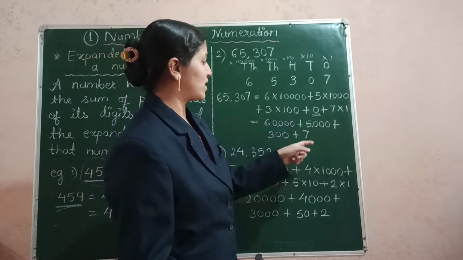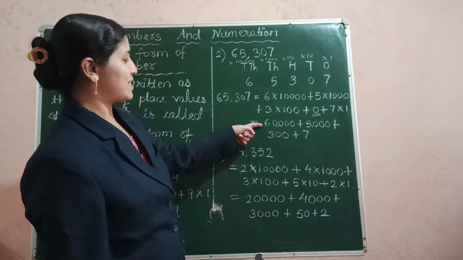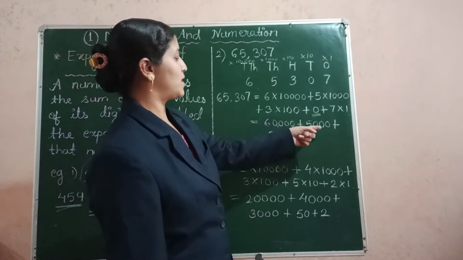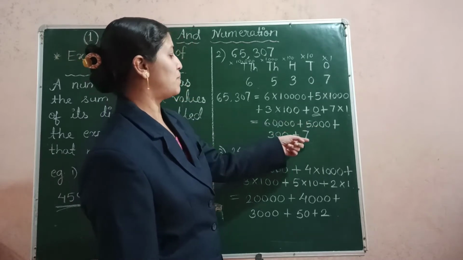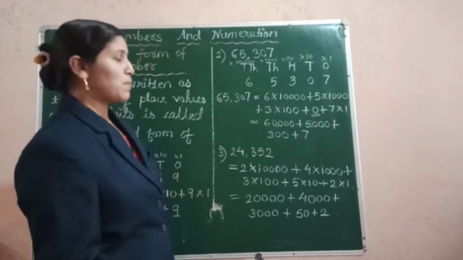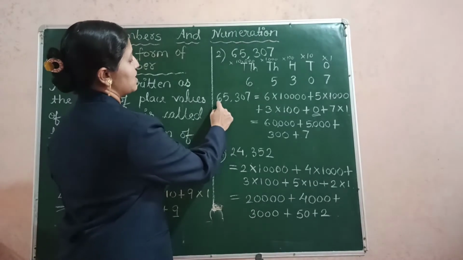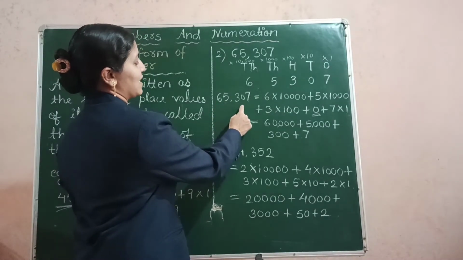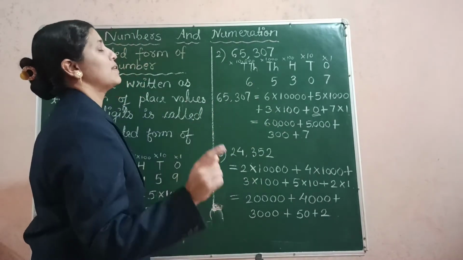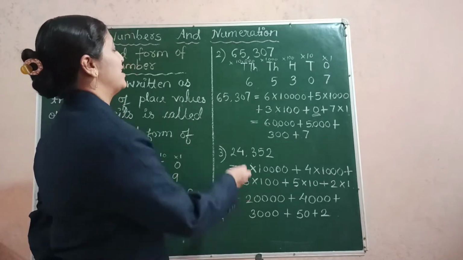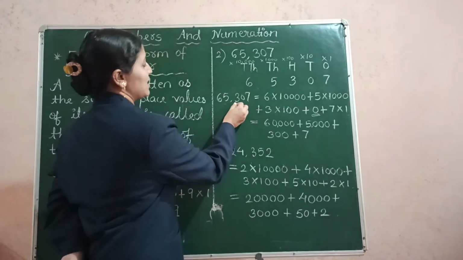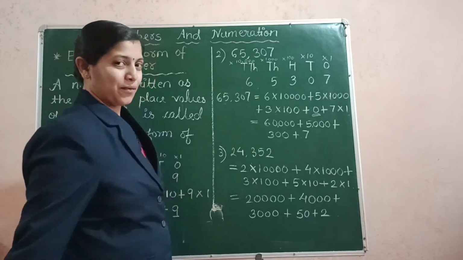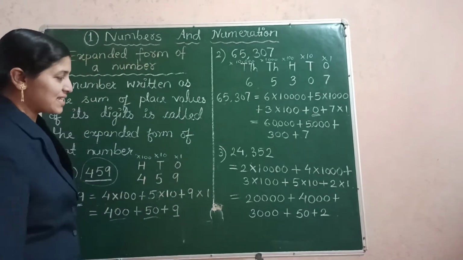Next 7 into 1 is 7. So this number, that is 60,000 plus 5,000 plus 300 plus 7, is the expanded form of this number 65,307. Okay.